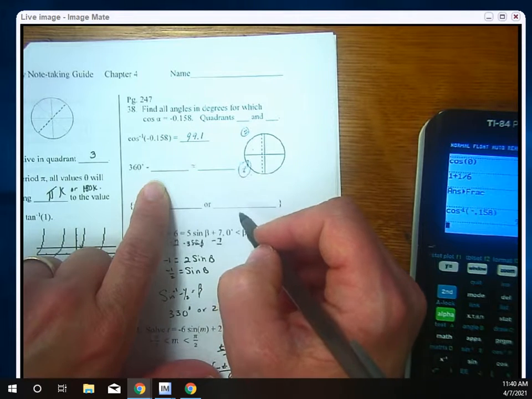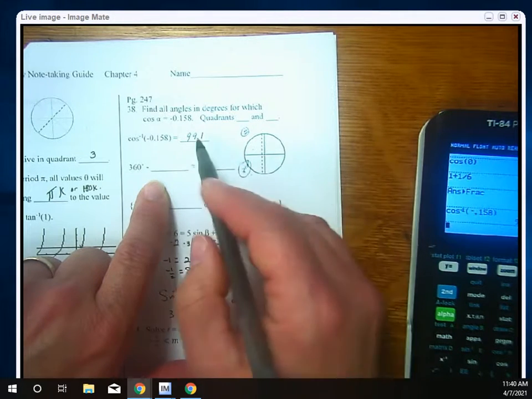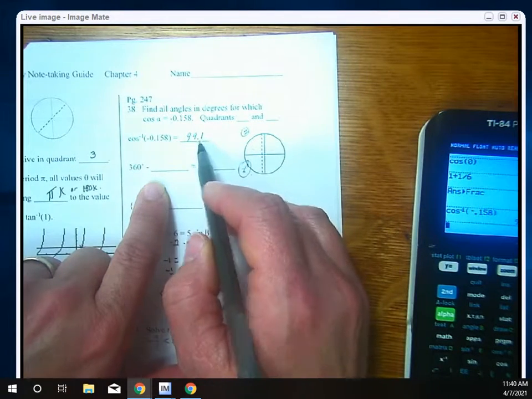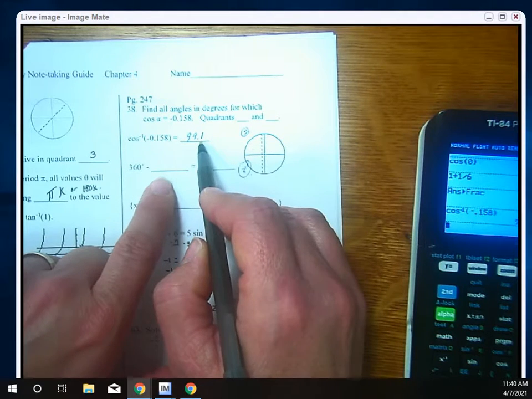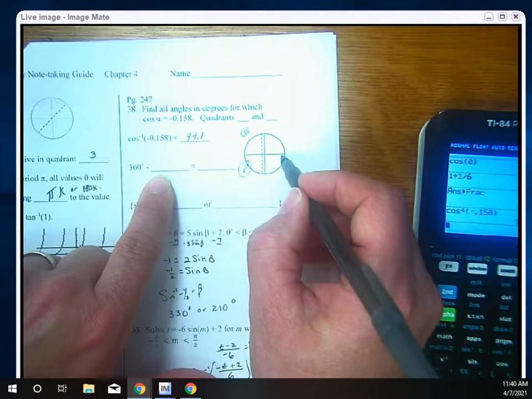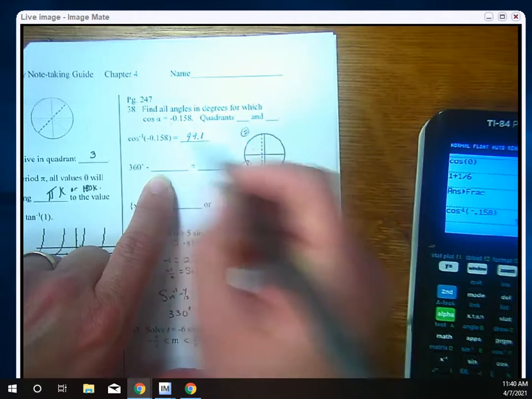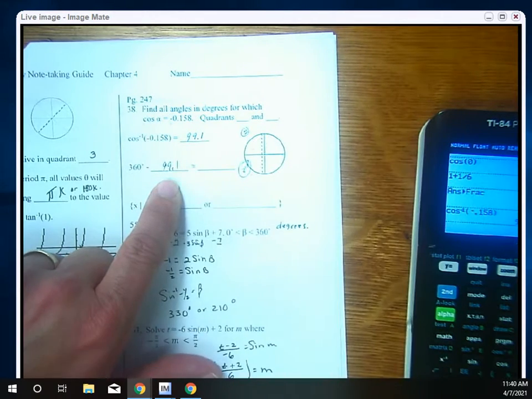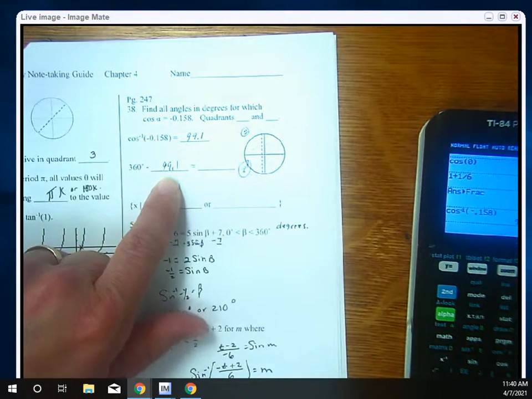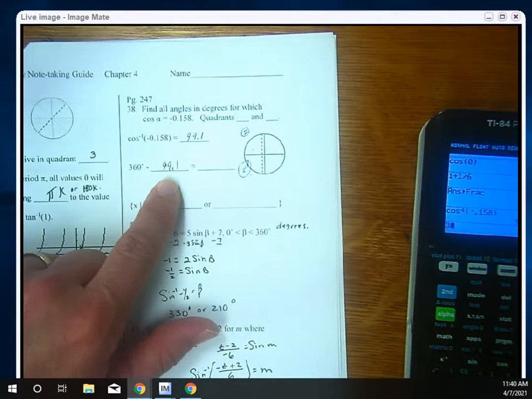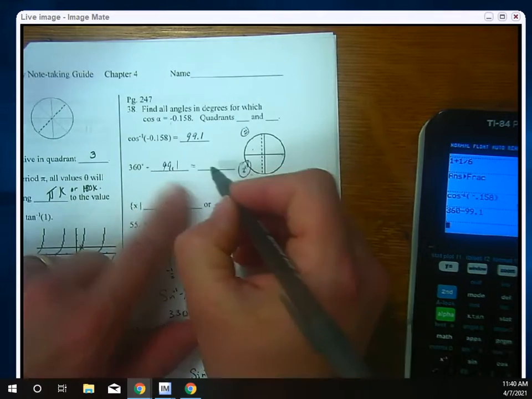You put that in the calculator. Subtract the 99.1 that you got from 360. And that puts you from 360 here back over into the other quadrant. Make sense? And you can do minus the answer or whatever.